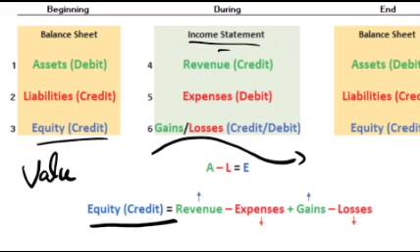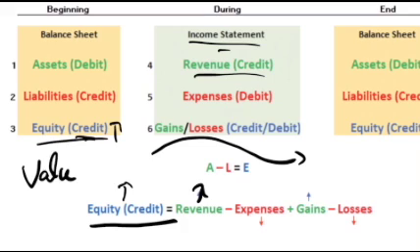Now, to increase equity is represented by a credit. Therefore, if I incur revenue, that inflow throughout the year is going to increase my equity. It's going to increase the value of my company, and therefore revenue should also be represented as a credit entry.